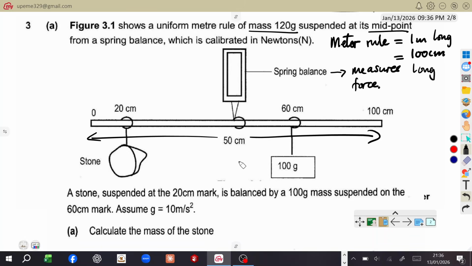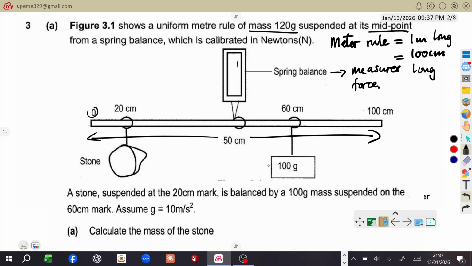When we come to the figure, we have a stone here. We don't know what the mass of this stone is. It is placed at 20 centimeters from the beginning of the ruler. From the start to where the spring is, it is 50 centimeters.